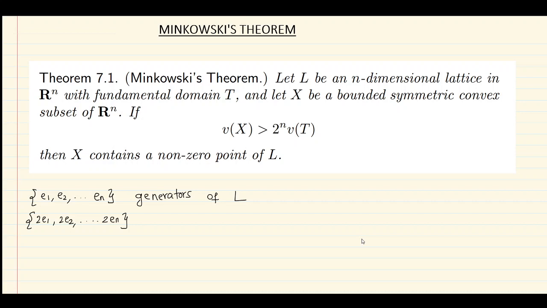Suppose this generates another lattice, which we denote by 2L, and we denote its fundamental domain by 2T. Since there are n elements in the generator set, the dimension of 2L is n.